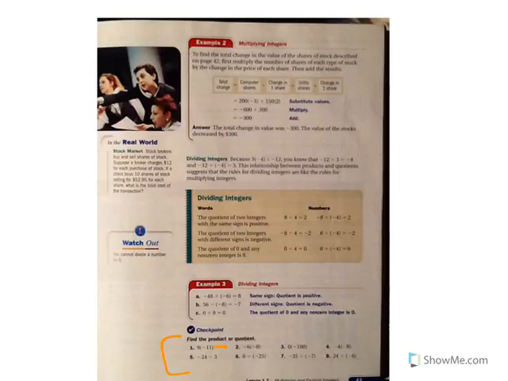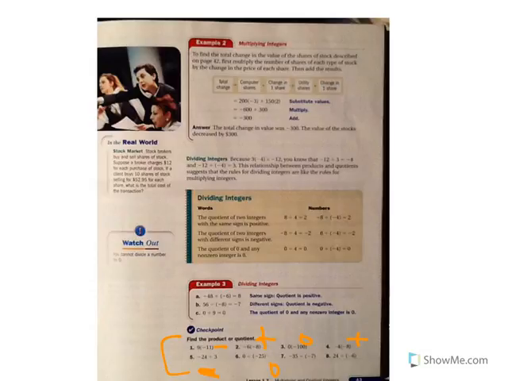Negative 6 times negative 8 is a positive answer because there are two negative signs. 0 times negative 100 is just 0. Negative 4 times negative 8 is a positive number again. Negative 24 divided by 3 is a negative because there's only one negative there.